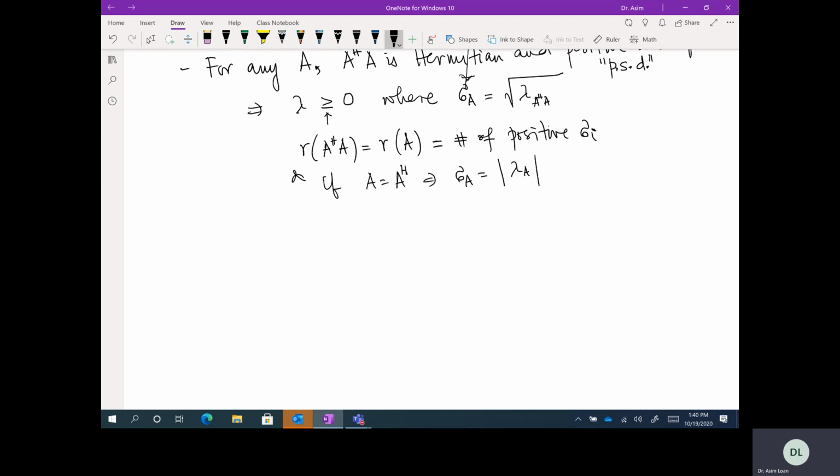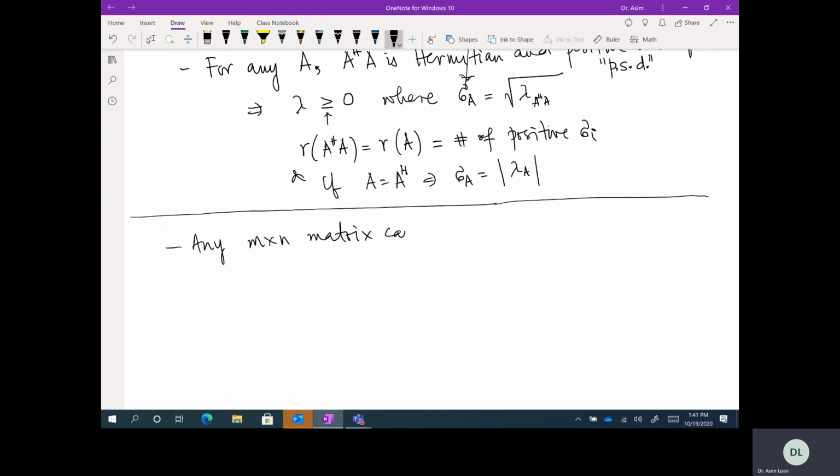So any m by n matrix can be factored into A, m by n, equals U, m by m, times sigma, m by n, times V transpose, n by n.